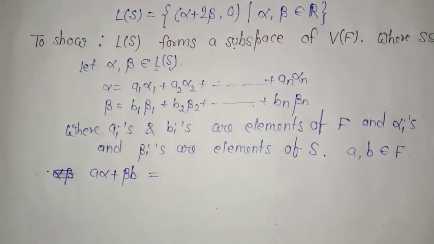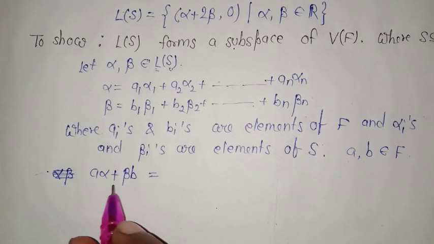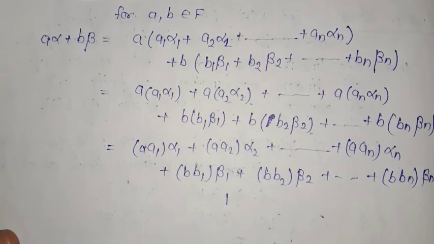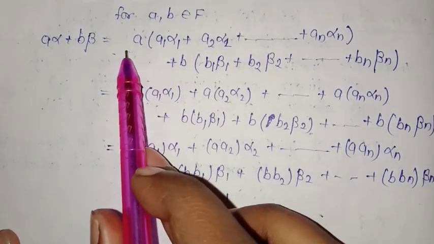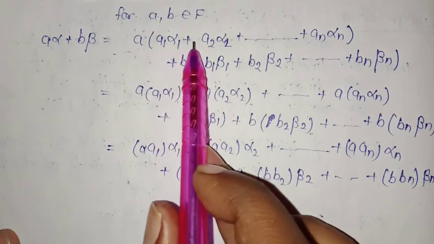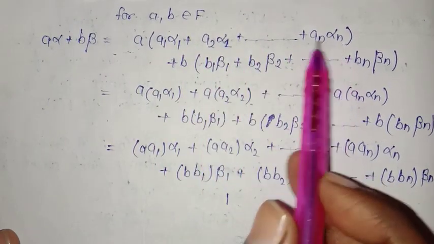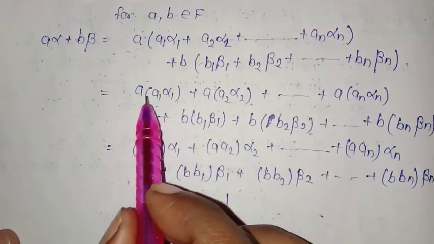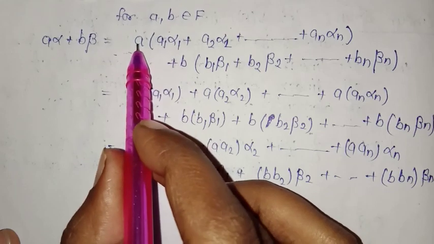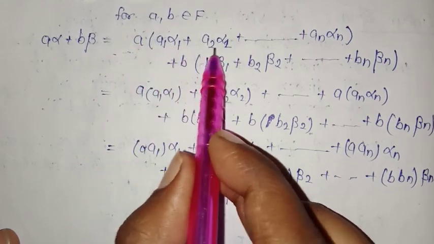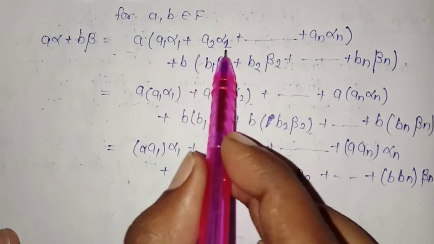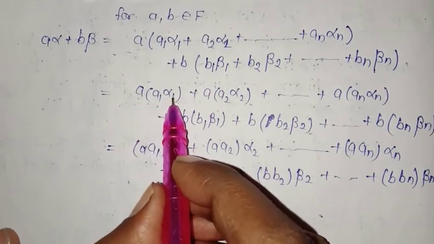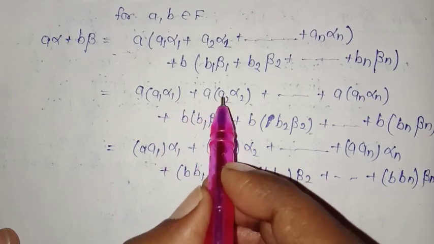Now we will put the values of alpha and beta in this term. So A alpha plus B beta is equal to A times (a1 alpha 1 plus a2 alpha 2 and so on, plus an alpha n), and then B times the value of beta. If I take the product of each scalar with each part of alpha, I will get A a1 alpha 1 plus A a2 alpha 2.